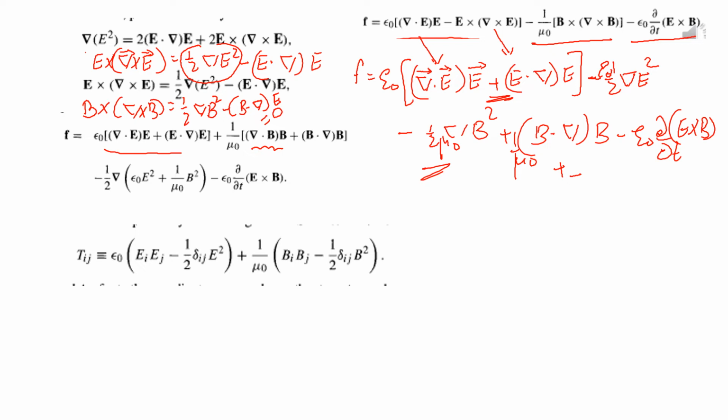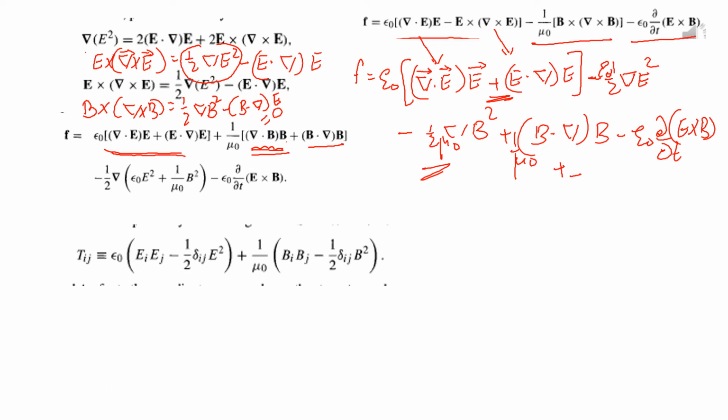Now, in order to make this equation more symmetrical, like the electric term, for the magnetic field also we are adding a new term. You can see that B dot del B is there already, but we add another term, del dot B times B, in order to make this similar to the product rule that we discussed earlier.